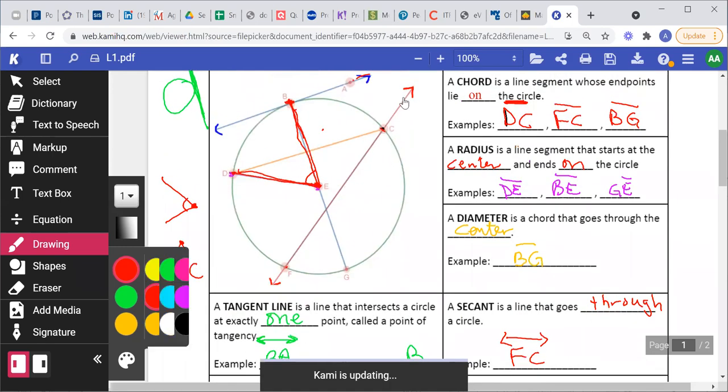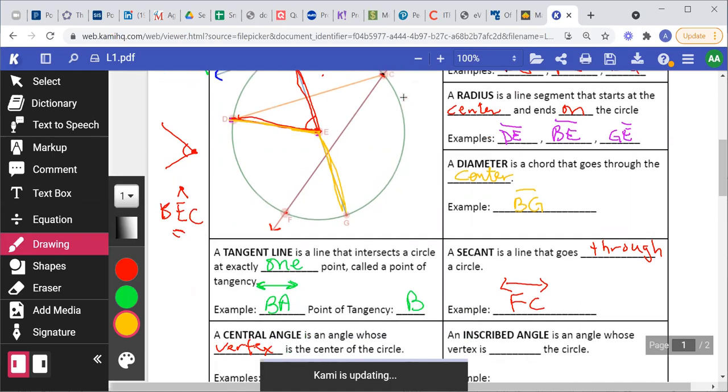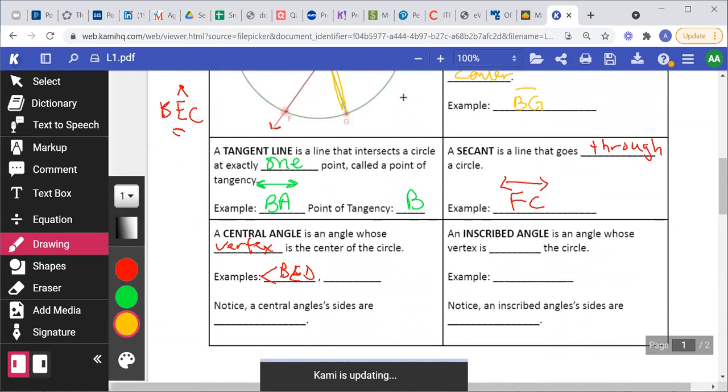And if you check again, we can as well move from D to E and then downward to this place. So this is another central angle, DEG.